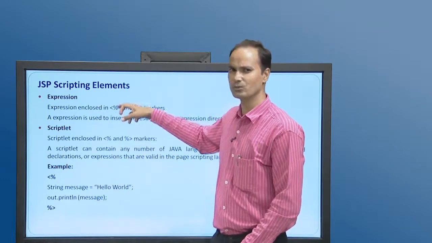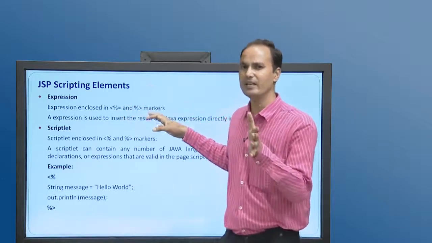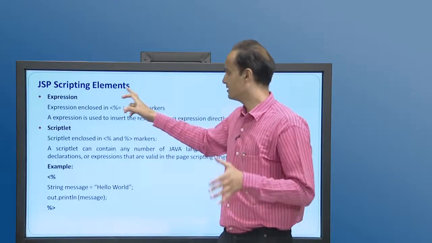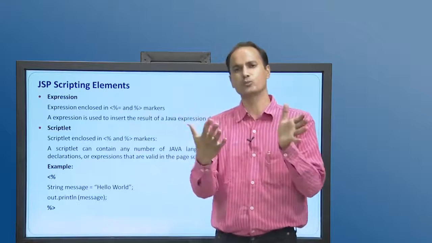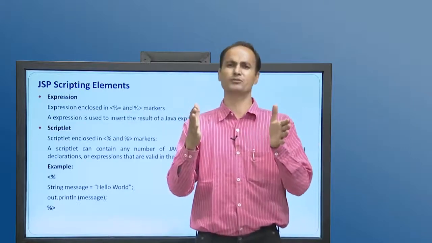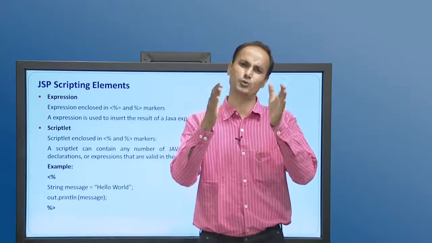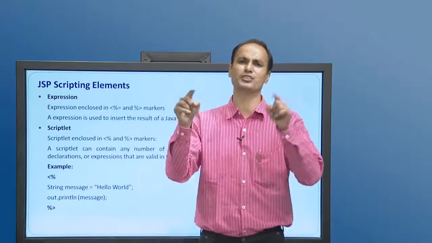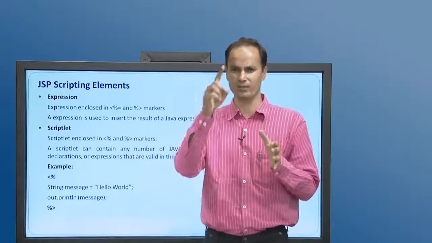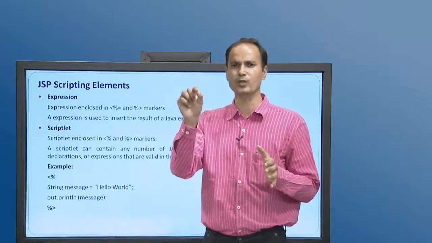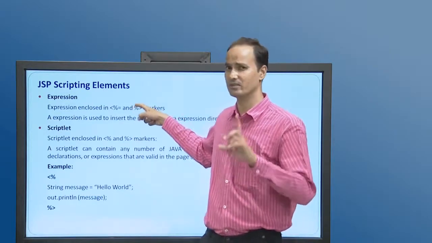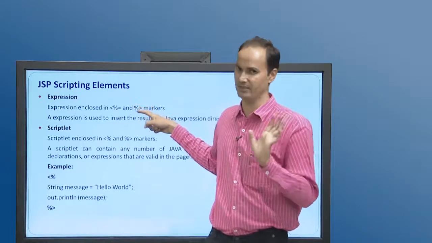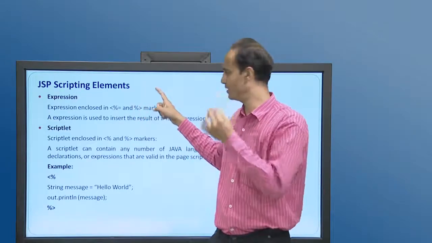This is required to display the expression in a JSP. That means expression contains the output. In short, if you want to display output in a JSP file, you should use an expression block, less than, percentage and equal to, and make it very clear, after the variable name a semicolon is not required.